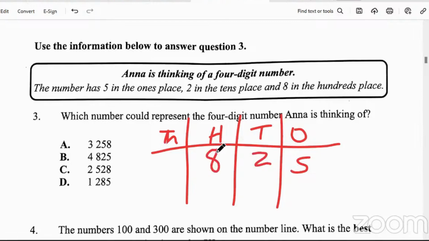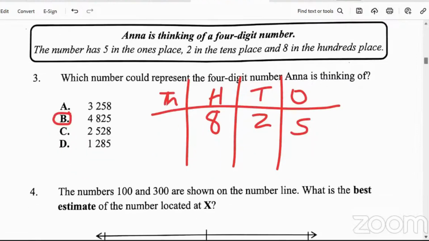They didn't tell us what the number is for the thousands place, but they asked us which number could represent the 4-digit number Anna is thinking of. So we're going to be looking for a number that has 825 at the end, right? And the only possible answer there would be B, 4,825. So the answer is B.